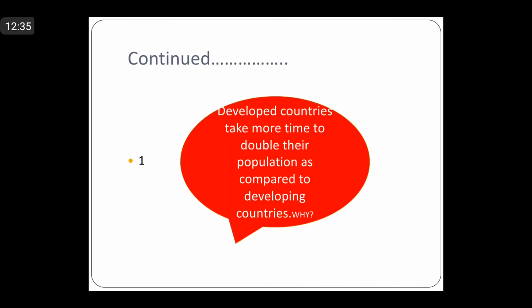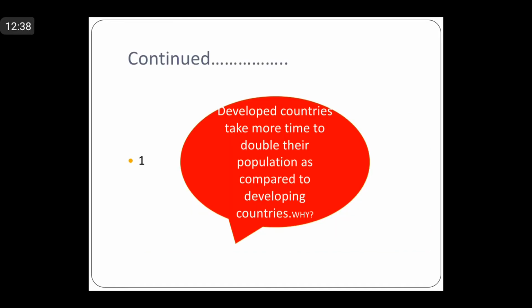Then here again you can see 0.5 billion, 1 billion, 2 billion, 4 billion, 8 billion are also given, and the doubling periods are 1500, then 200, 80, 47, 45, 37. The time, the years, are decreasing in the way the doubling is taking place.